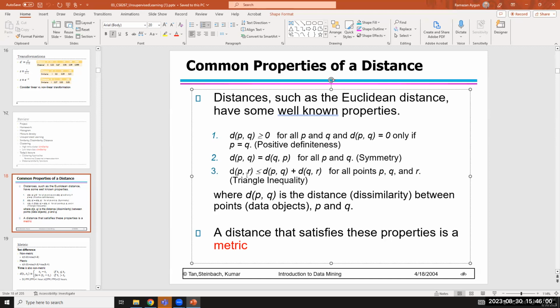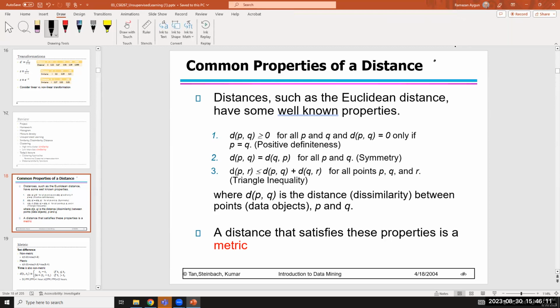And the third one is the triangle inequality. In this one, the distance between P and R. Just to show it, this is P and Q, and this is the distance between them.